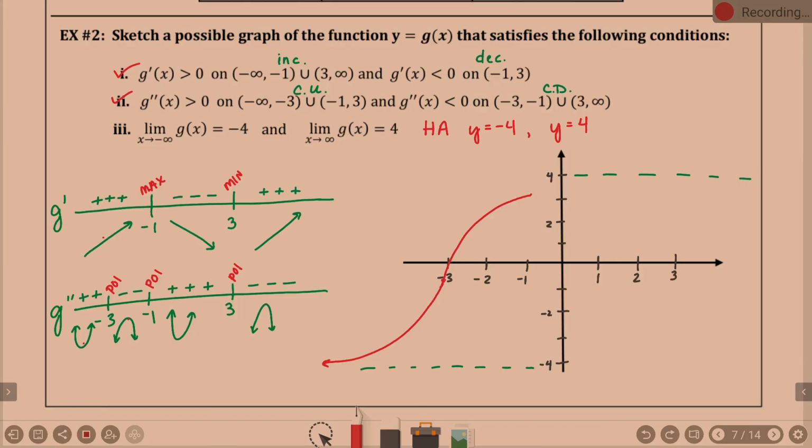Now, what's happening at -1? It's a max. So we're going to start decreasing now, and we also have to change concavity. So now we're going to be concave up. All the way from -1 to 3, we're decreasing and concave up.